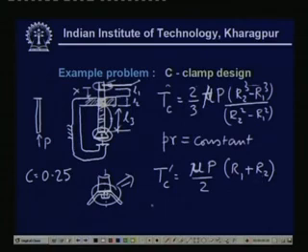If R1 goes to 0, then Tc prime is about 3/4 times Tc. So once it has worn out sufficiently, the frictional torque becomes quite low, at least low compared to the first case when the pressure was uniform. So this is how we could estimate the shear, the torsion, here in the collar.